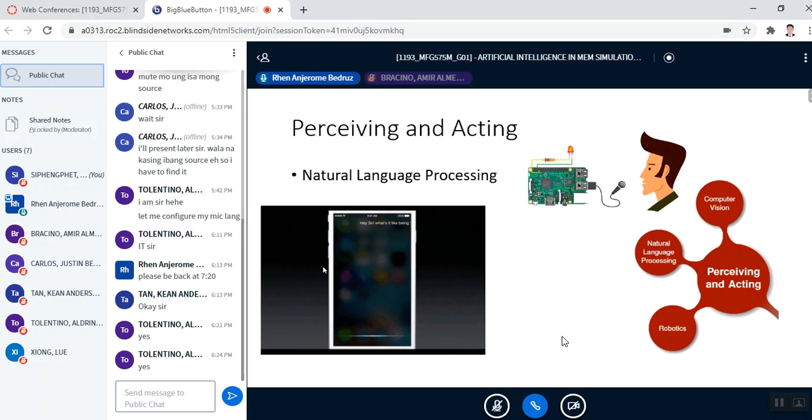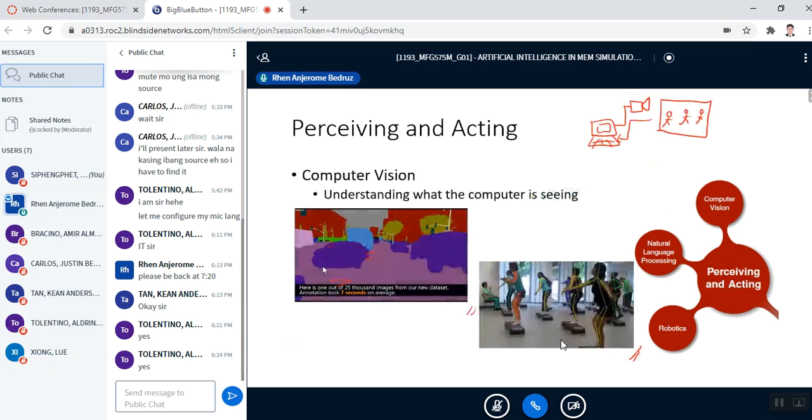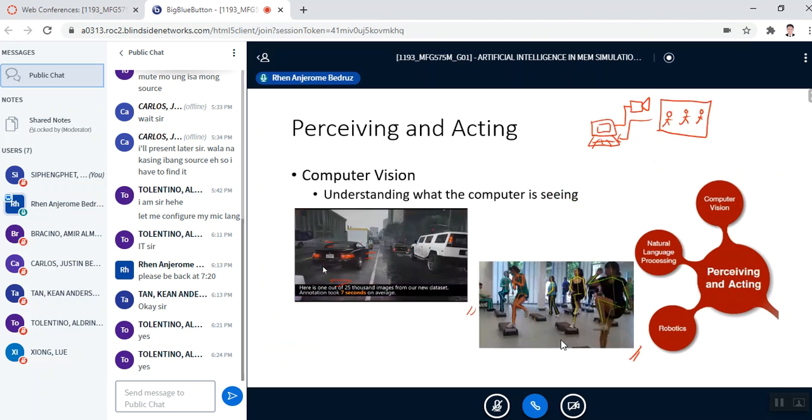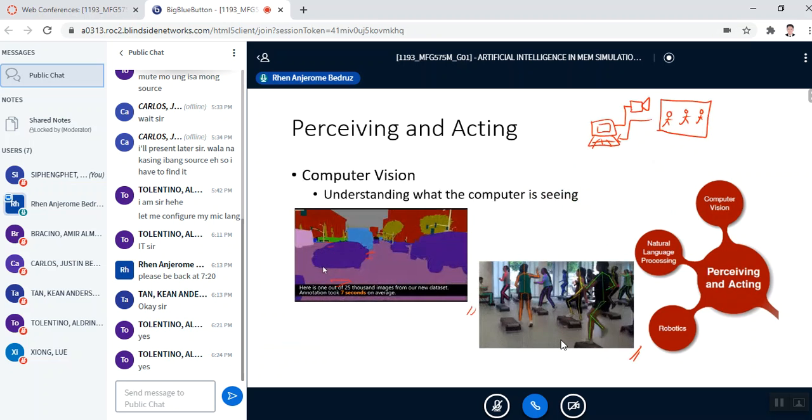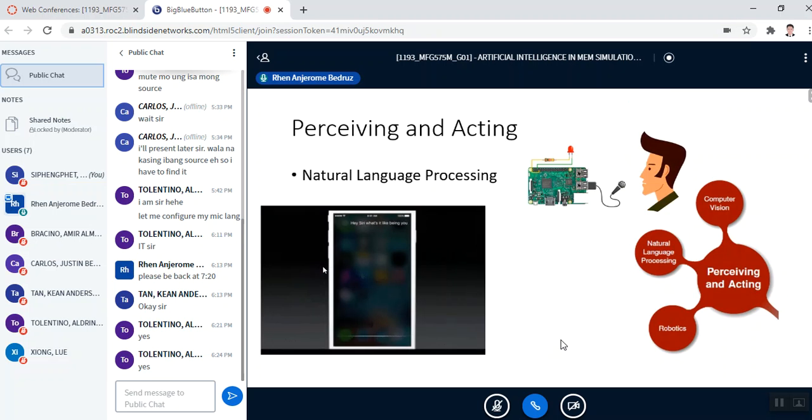Natural language processing. Before we delve into that, computer vision is understanding what the computer is seeing, while natural language processing is understanding what the computer is hearing.